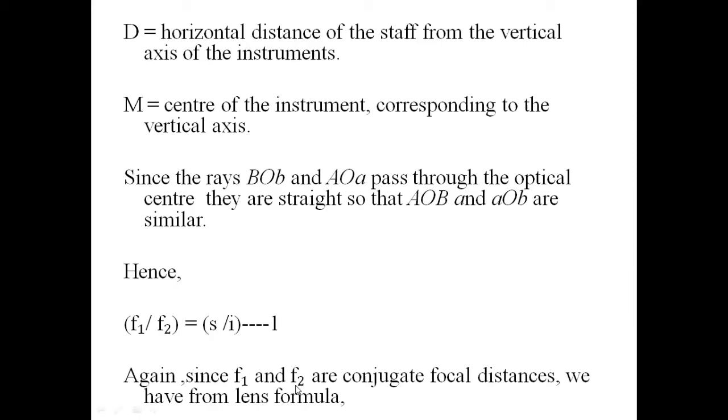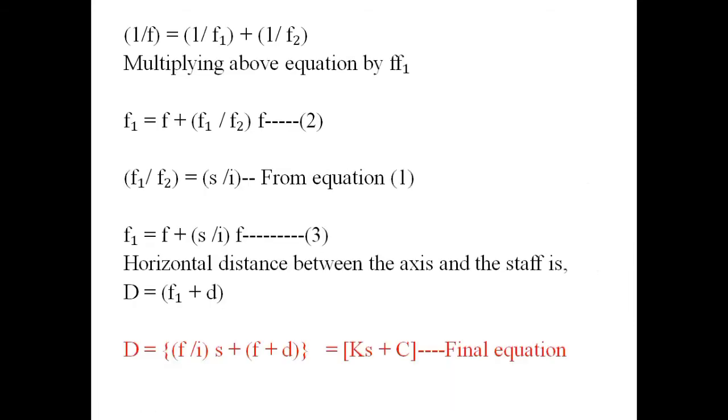Again, since F1 and F2 are conjugate focal distances, we have from the lens formula 1 by F is equal to 1 by F1 plus 1 by F2. Multiplying this whole equation by F1, we find F1 is equal to F plus F1 by F2 multiplied by F. This is equation number 2.